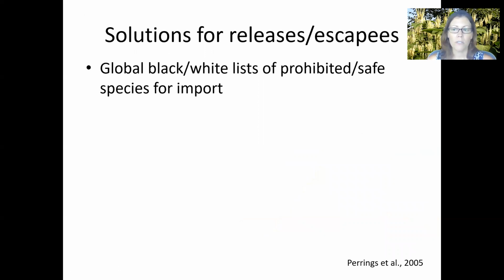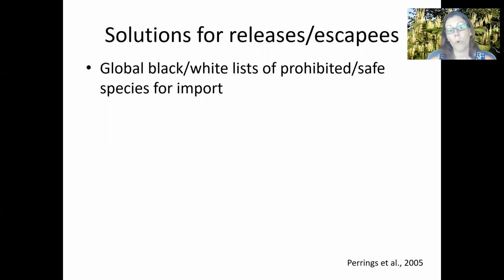Solutions for these releases and escapes, so these deliberate or intentional introductions. One big plus of us knowing the pathways of these deliberate introductions is that you can actually look at the species that are coming in through that pathway and say, this one looks like it's unlikely to have impacts.